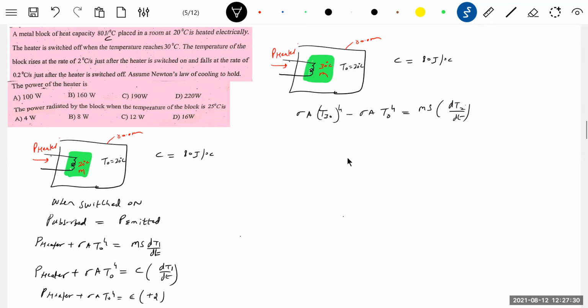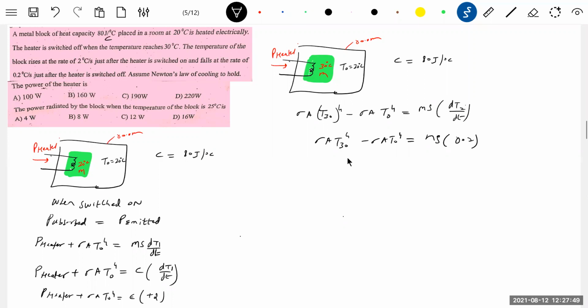Let me take it in this way. So sigma A T30, this fall is how much? Already it's a loss, so there's no need to write the minus sign, just keep the value 0.2.